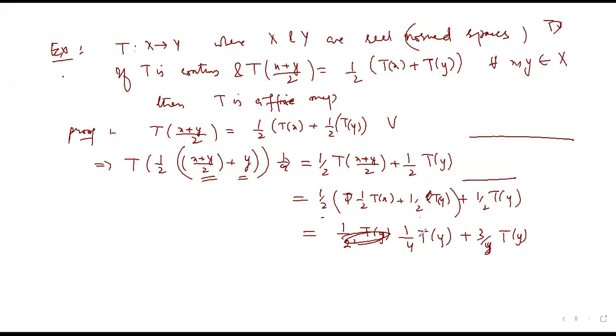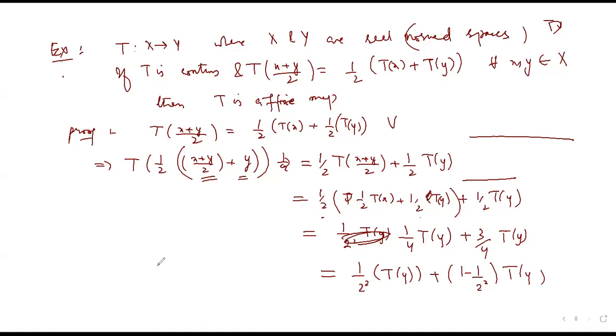Now मैंने y लिखा, ये 4 है यहाँ पे. इसको मैं लिख सकता हूँ, कैसे लिख सकता हूँ? I can write it as 1 by 2 square T of y minus 1 minus 1 by 2 square plus T of y.